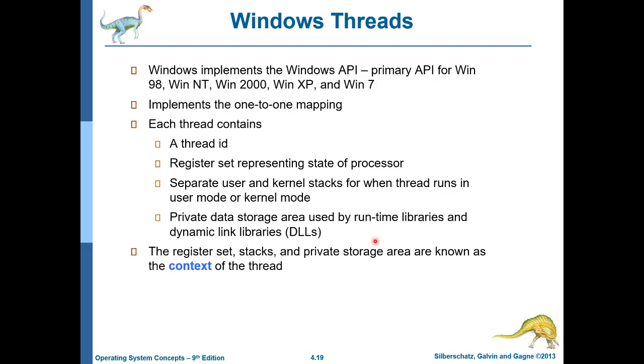Now, as we know before from the context of a process, we also have a context of a thread. What is the context of a thread? It contains the set of registers and their values, then the stacks for each thread, and each thread has a private storage area. These things comprise the context of the thread.